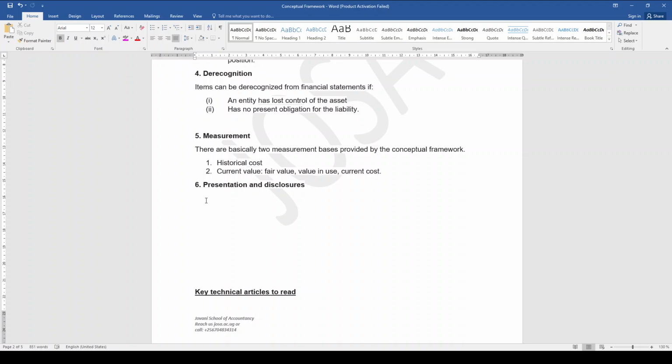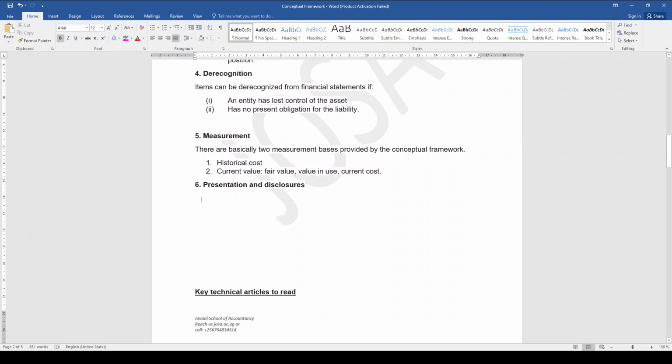One, such incomes like revaluation surplus should go to other comprehensive income, and the reason is because our assets are being remeasured to the current value. Of course, once I say current value, you know that we are using fair value, value in use, or current cost.